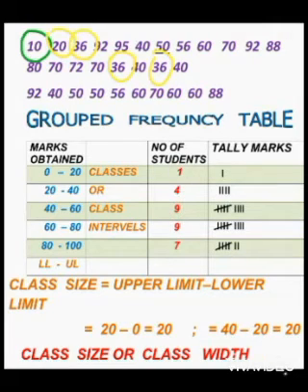Because you are going to consider only 10 here, children. 20, we can't consider in the first class interval. In the first class interval, 0 to 19. How many students got marks 0 to 19? Those marks we write in the first class interval. So the number of students is 1, only one student got.